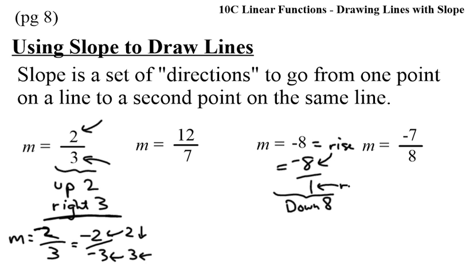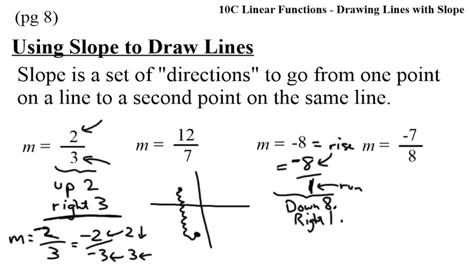And the run of 1, because it's positive, the negative is on the 8, the 1's positive, that would be right, because right is positive for the run of 1. So again, if I had some point, it doesn't matter where the point is, I would do down 8, right 1. 1, 2, 3, 4, 5, 6, 7, 8, and right 1.